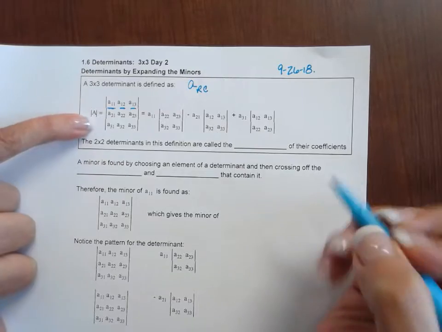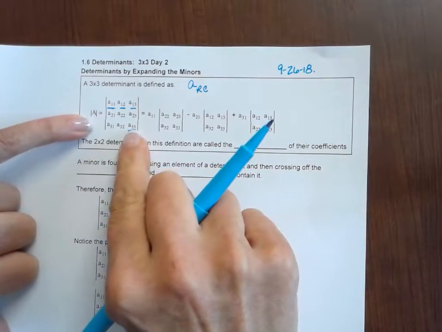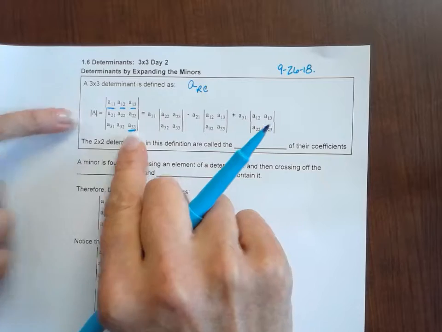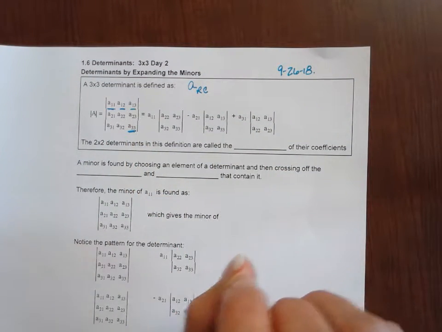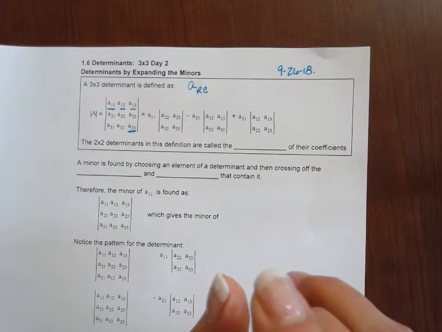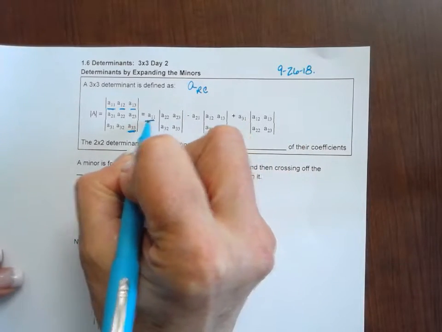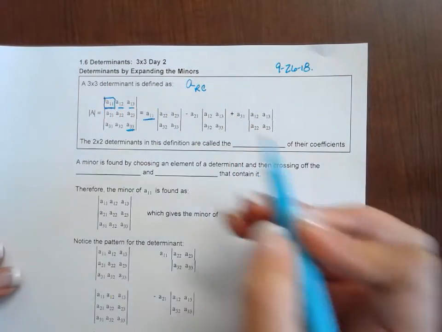So if I asked, what's A33? Well, that's row 3, column 3. Remember that part?